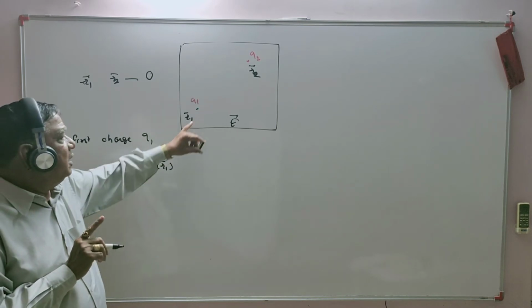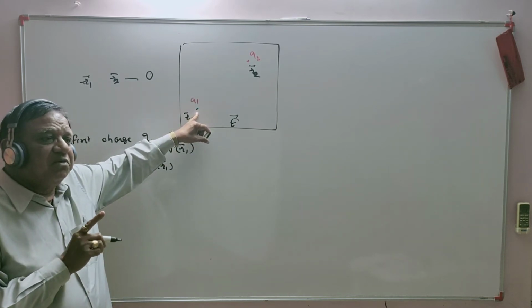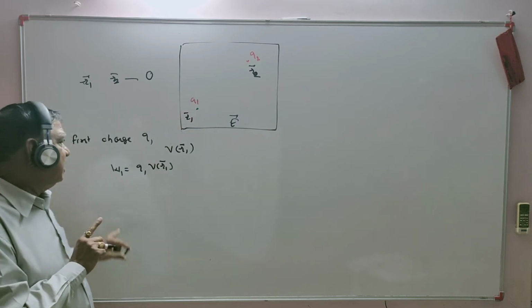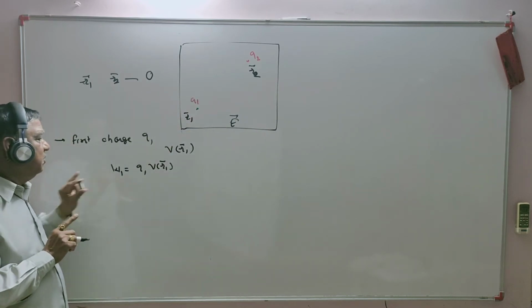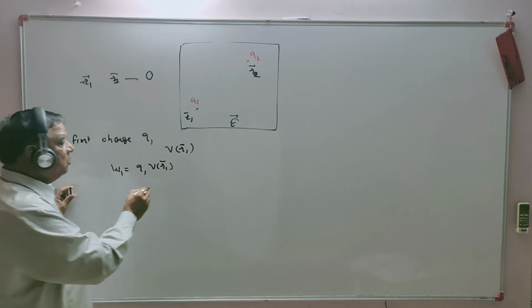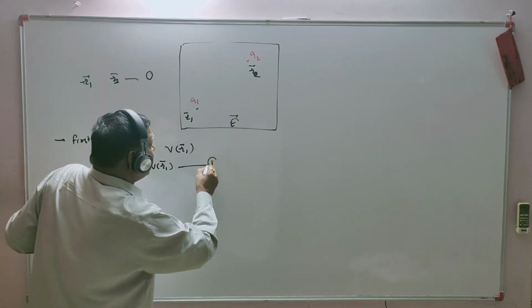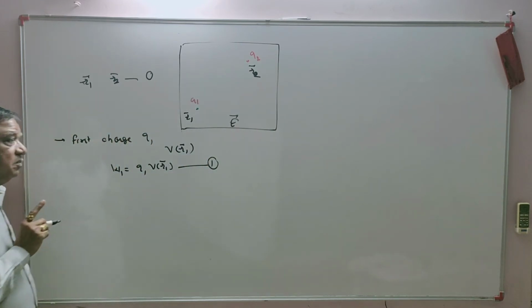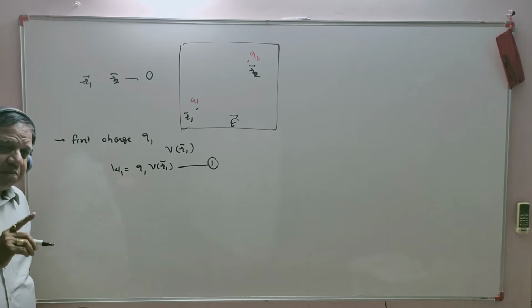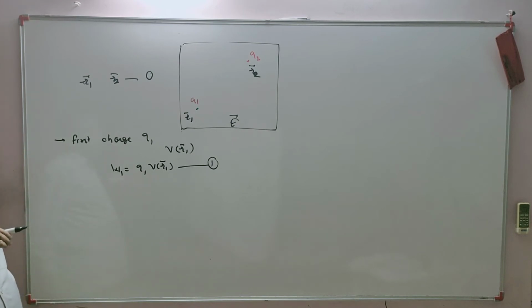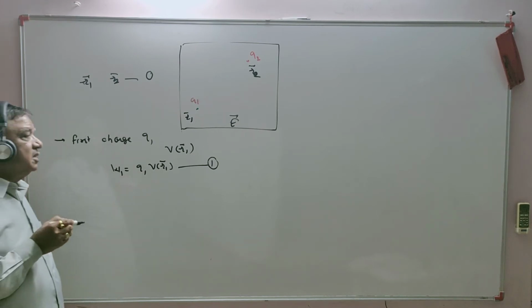But here the field is already there, so we are doing work against the field, and that is defined as W1 = q1 V(r1), where V(r1) is the potential at position r1.